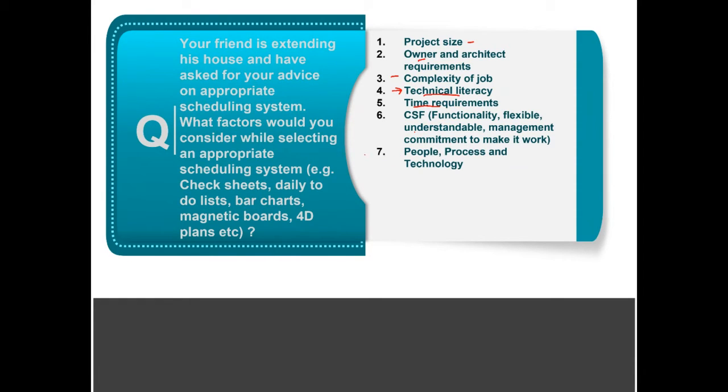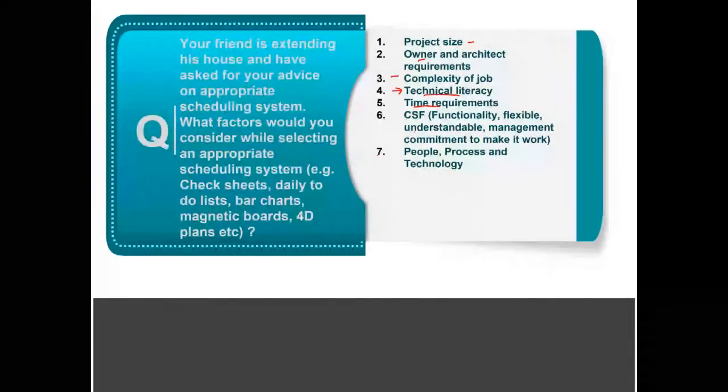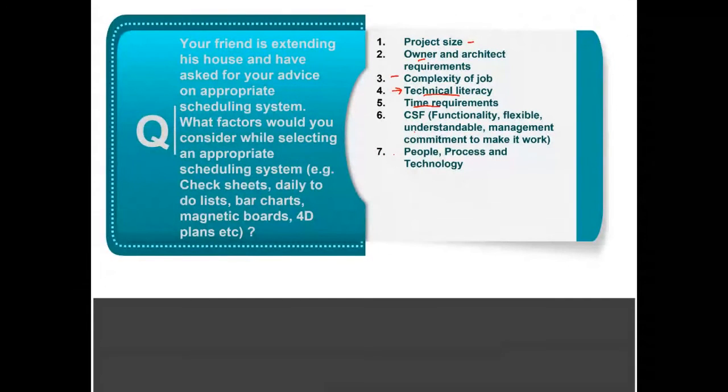And always, as with any new technological innovation, you look into a broader picture like people, process, and technology, which could provide the building blocks. So looking at those factors, I think the right choice is maybe a simple CPM-based schedule, and then maybe a bar chart which could be regularly updated.